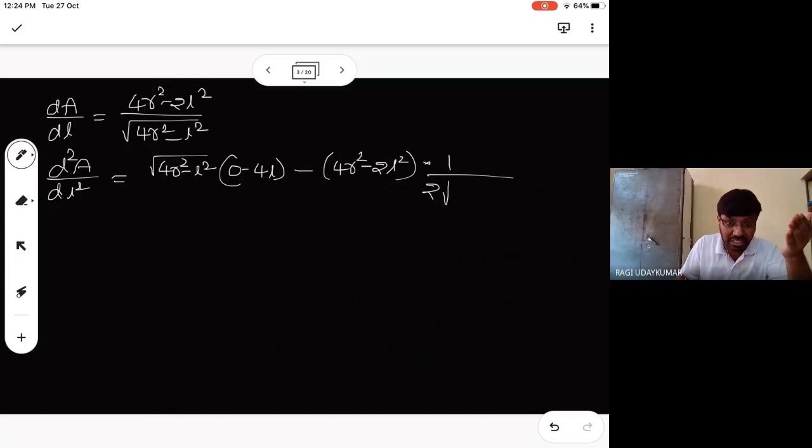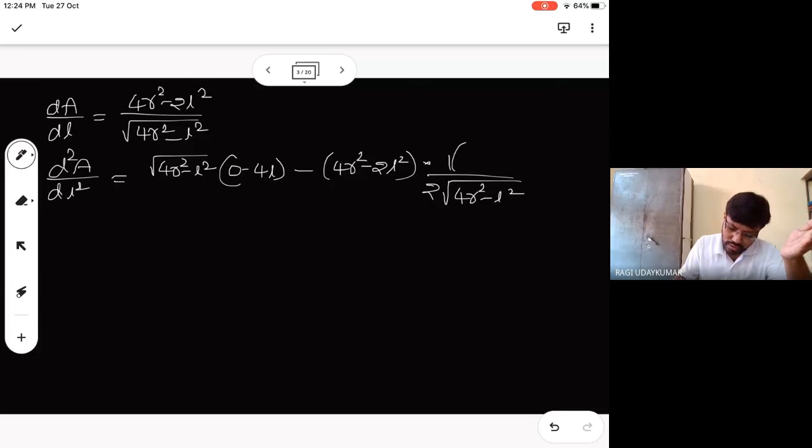Root x differentiation: in the denominator is the under root, and we differentiate it. So the differentiation is 1 by 2 root of 4R square minus L square, and under the root, whatever it is there, you also have to differentiate.